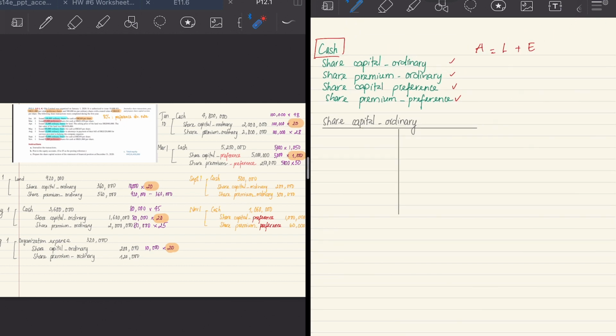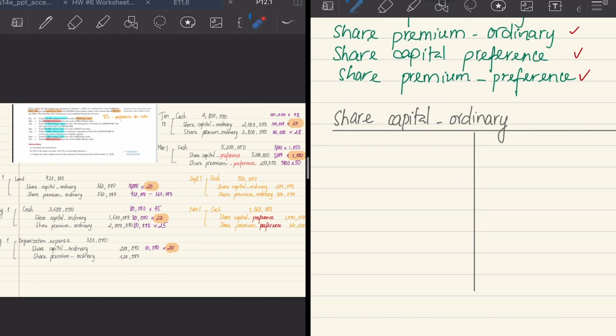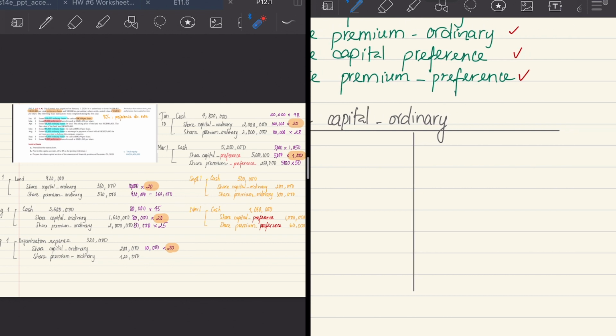First we have January 10, and it is on the credit side, 2 million.